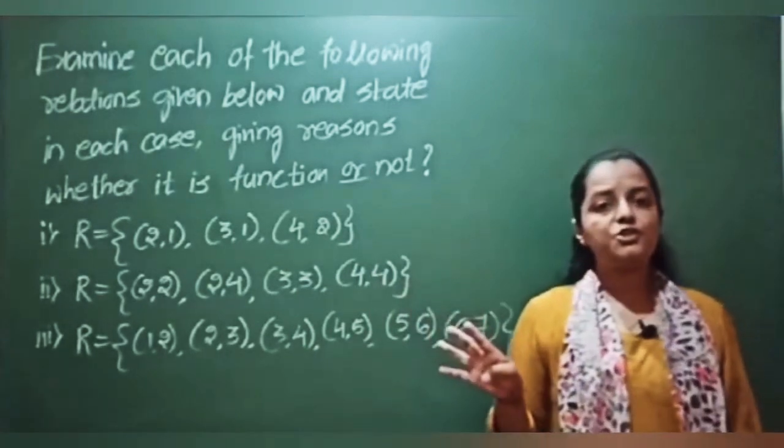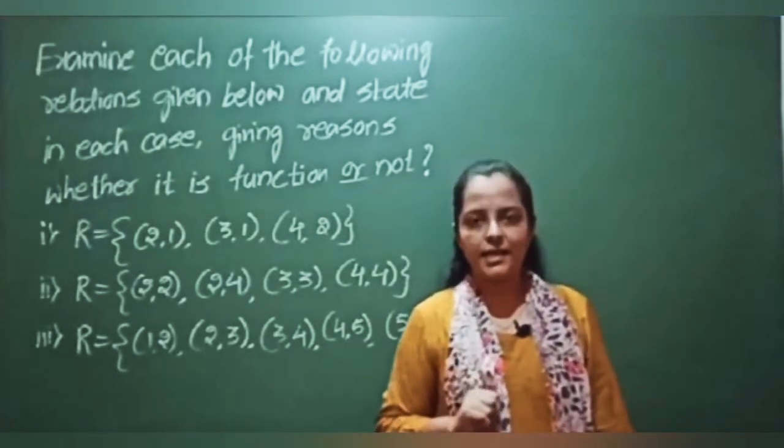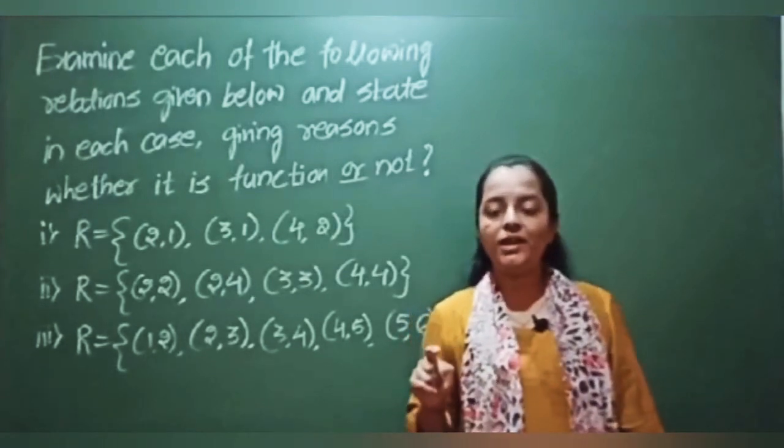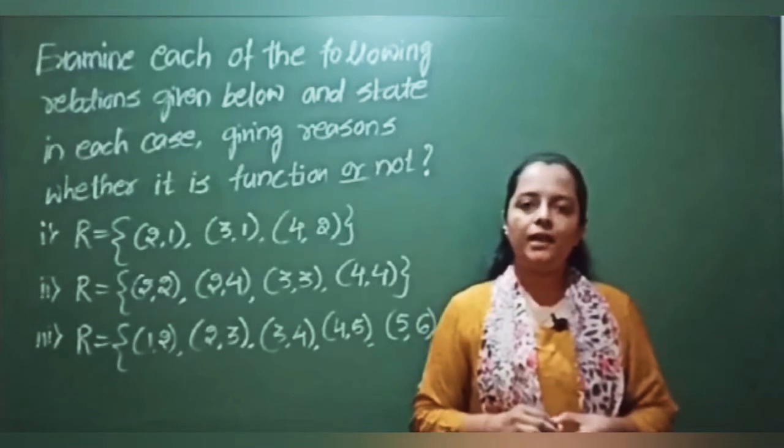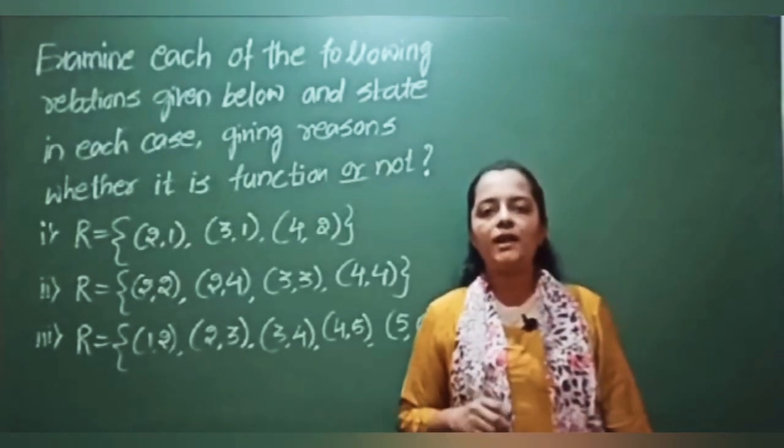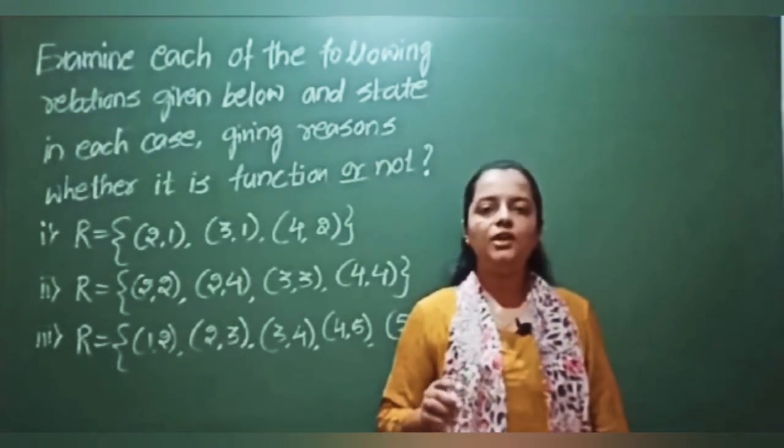So what is the definition of a function? Every element in the set A should have one and only one image in the set B, or you can put it like this: every element in the domain should have one and only one image in the codomain.